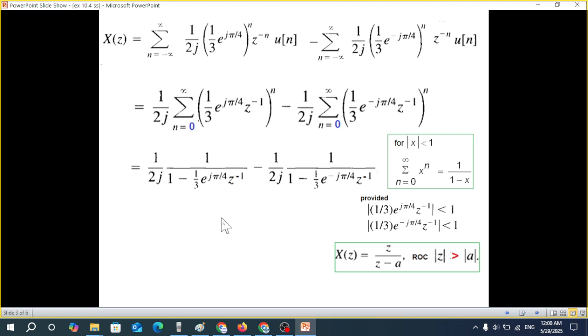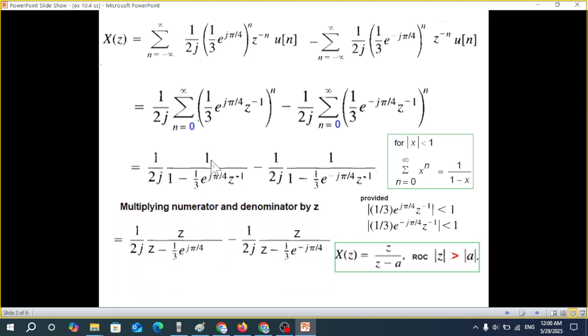But the easiest way, I feel, is to multiply numerator and denominator by z. Then z is at the top, and in the denominator z and z inverse cancel and it becomes 1. So this is our new relation.